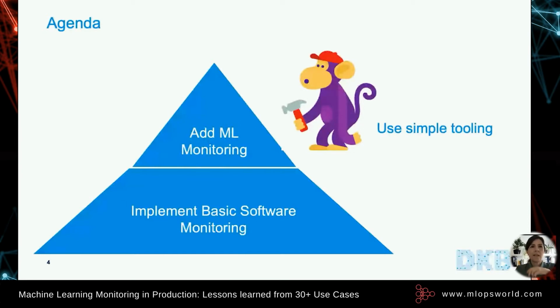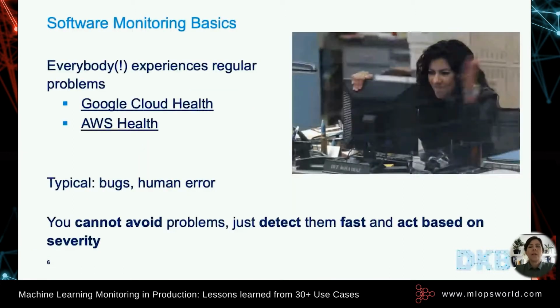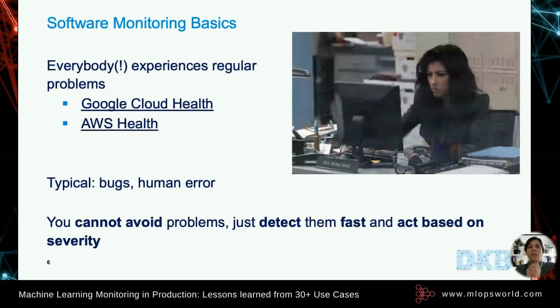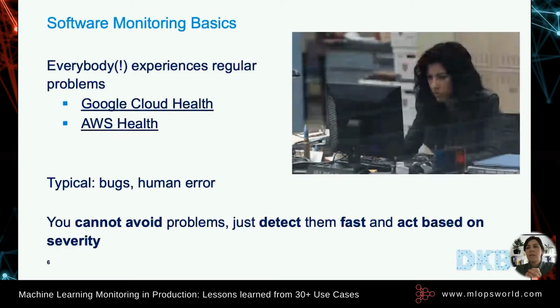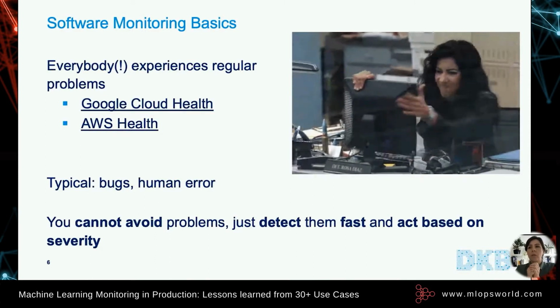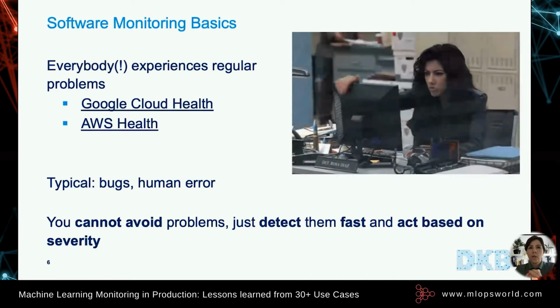Okay, so let's start with the basic monitoring recap for backend engineering. It's important for you guys to know, who have not yet operated anything in production, that incidents, meaning a degrading of the customer experience, are really normal. Unfortunately, there are always bugs, there can be human errors, so it's not possible to avoid problems.